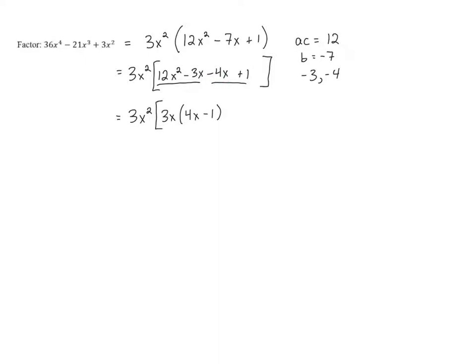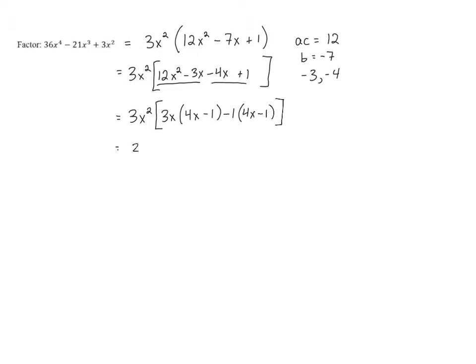So to get from that negative 4x to a positive 4x, we're going to pull out a negative 1. When we pull out a negative 1, that's going to leave us with 4x for the first leftover. And then if we take positive 1 and divide by negative 1, that leaves us with negative 1 for the second leftover.